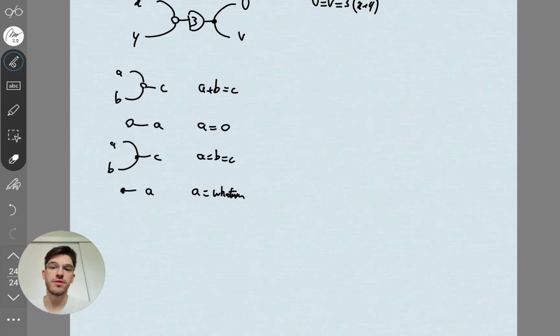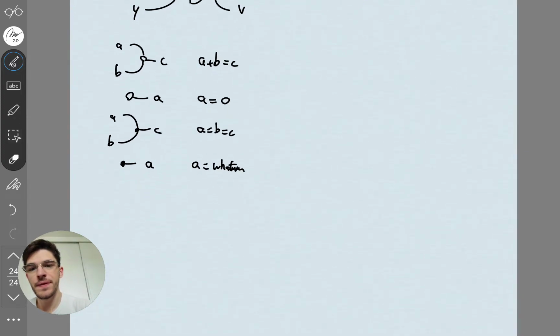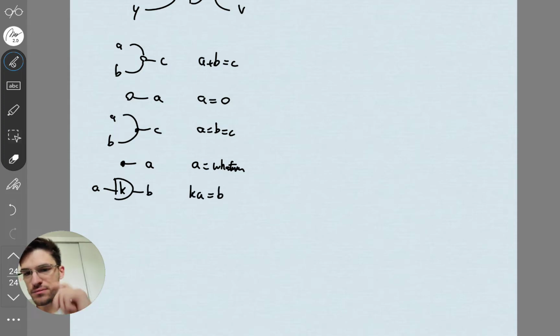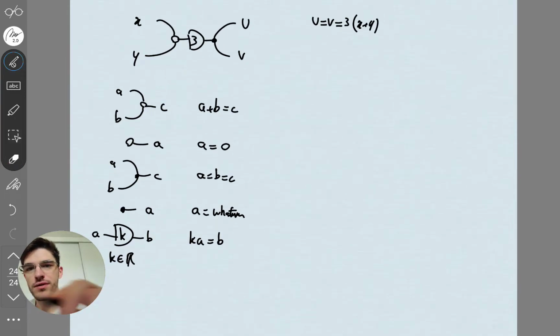It's true for a equals 0, or for a equals 42. It's just always true. And finally, for some number k, this is k a equals b. So that's multiplication by k, and k is some number here. Above I used 3, but I could use any number.